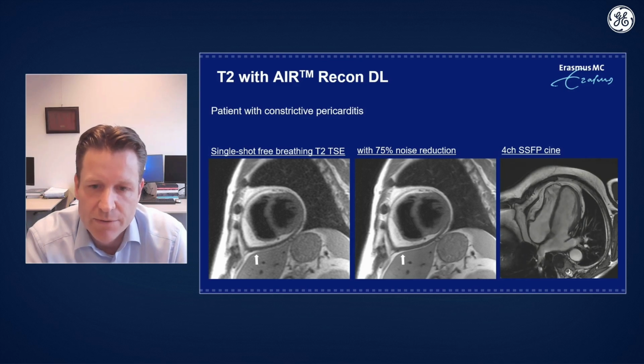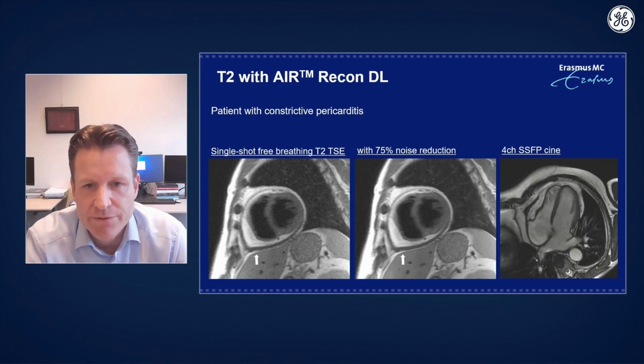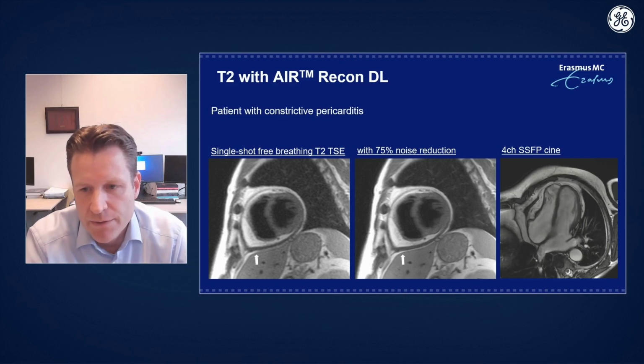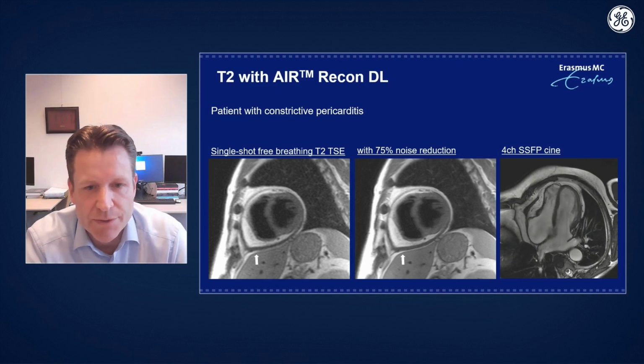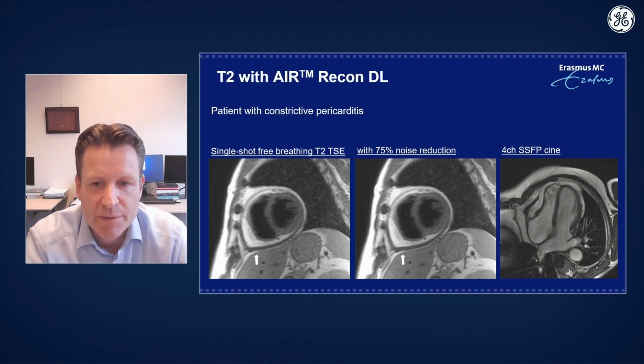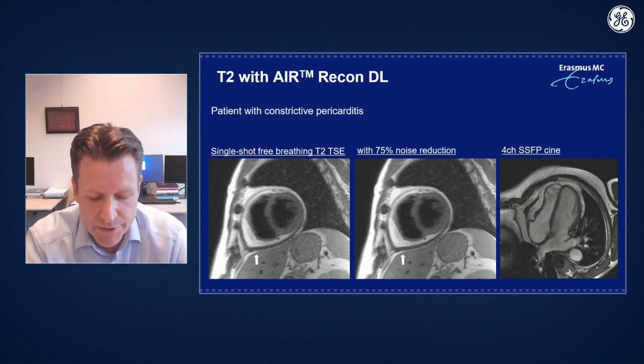It's in the inferior wall and the lateral wall with the right ventricle. And this is a patient with a constrictive pericarditis. On the right, you see the four-chamber view, where you can also see the thickened pericardium from the basal to the mid-ventricle level. So you can use it not only in the late gadolinium images, but also in other anatomical images like T1 or T2 images.